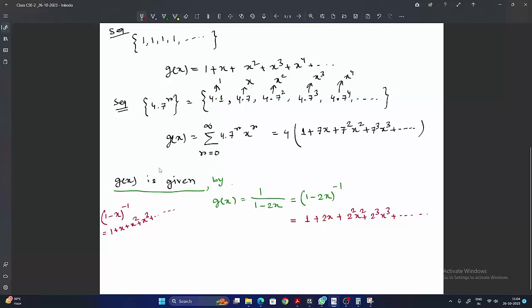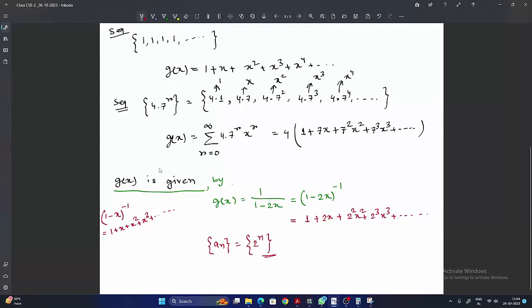That means if you build the sequence a_n, it will be the 2 to the power n sequence. Is it clear? So you need some formulas to remember to build the sequence from the series.